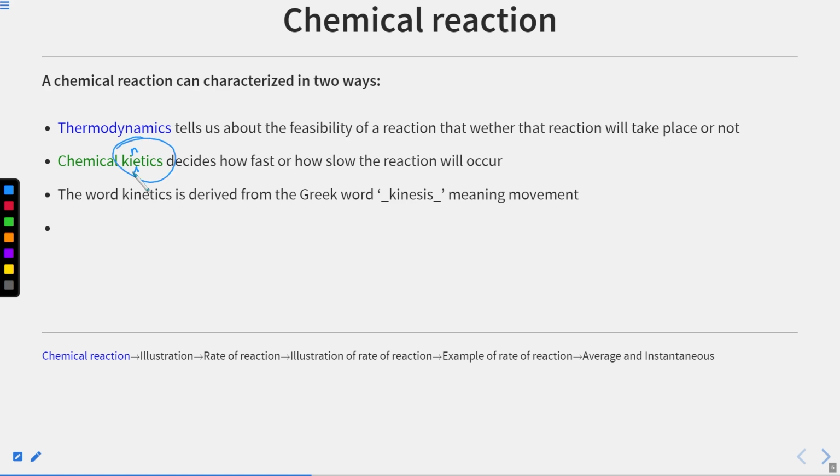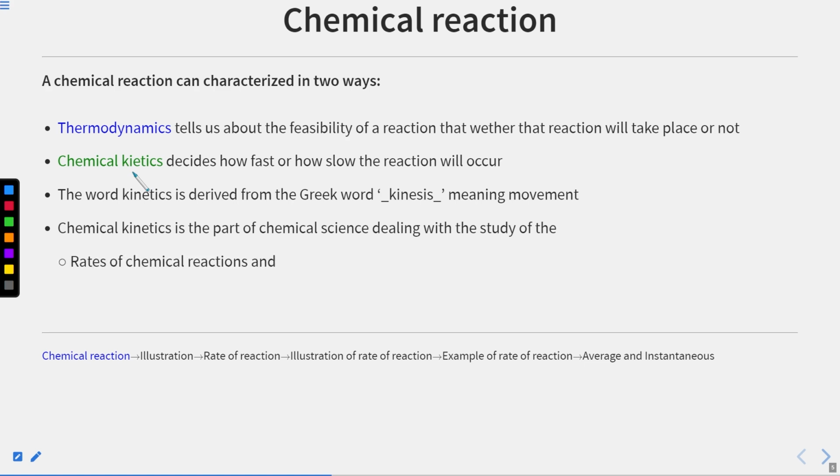Next, what are the things that we'll be seeing in chemical kinetics? It is a branch of chemical science that deals with the study of rates of chemical reaction first, and the factors that are affecting the reaction rate, like concentration, temperature, and pressure. So if I keep it in a nutshell, our chemical reaction can be characterized by two things.